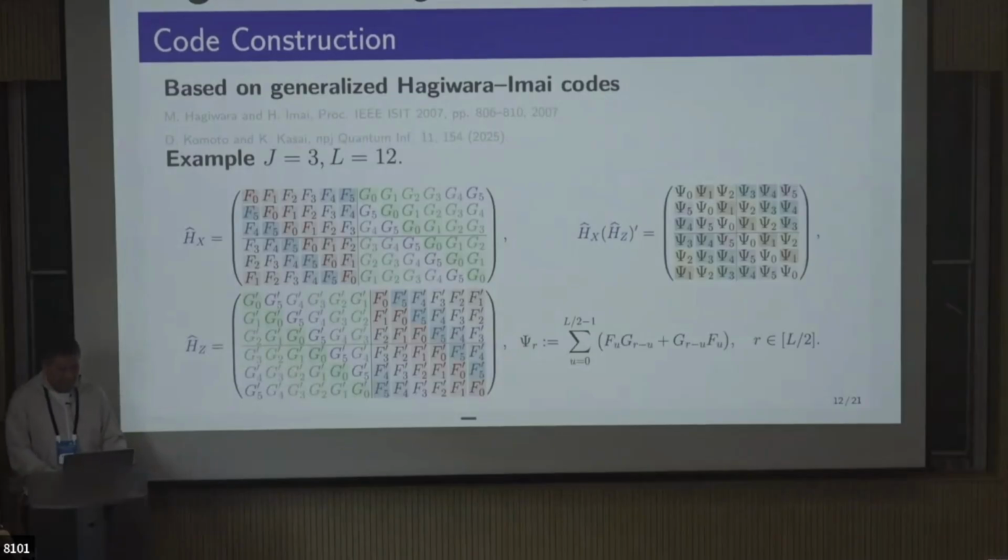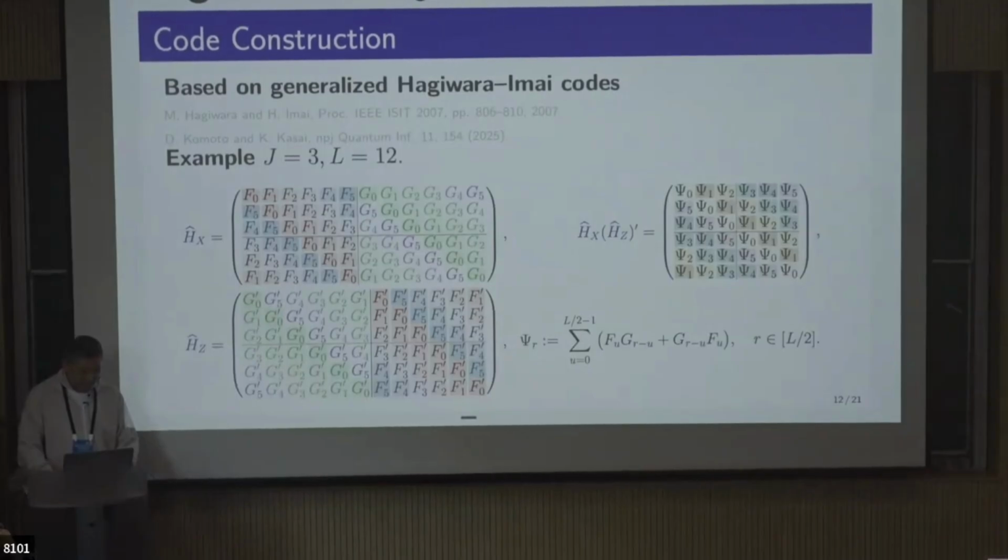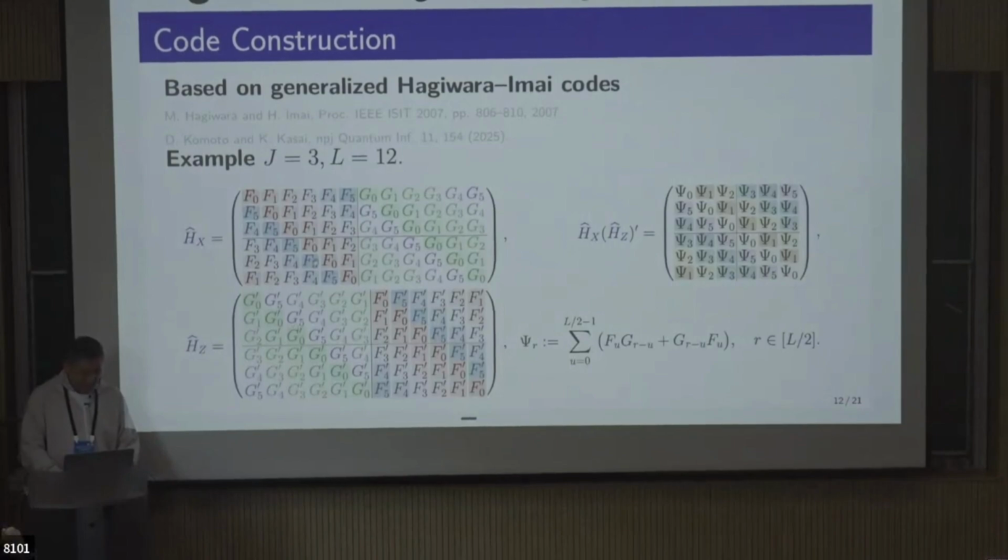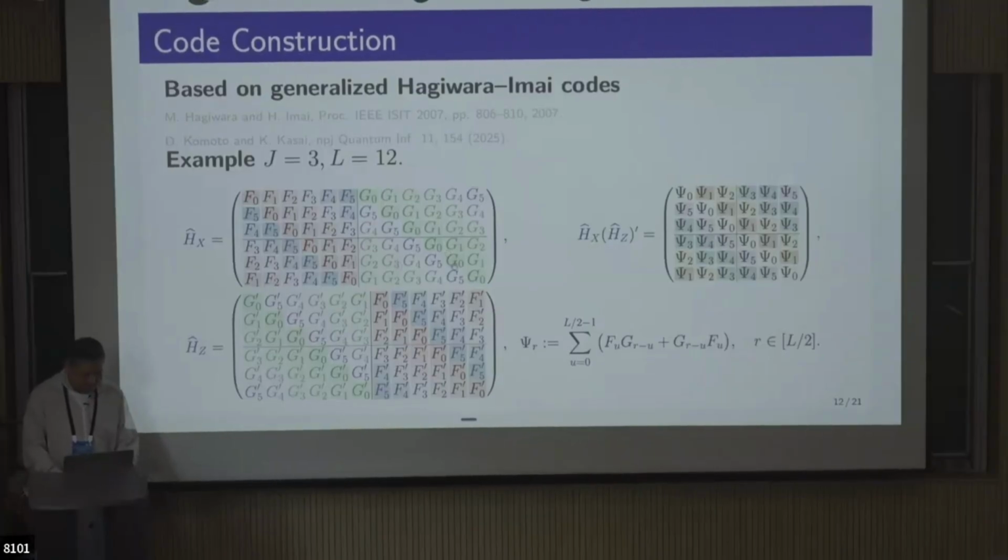This is the construction I propose for this study. It is based on the generalized Hagiwara-Imai codes. The point of this page is the left and right block circulant structure. We have a block circulant structure on the left and on the right side.